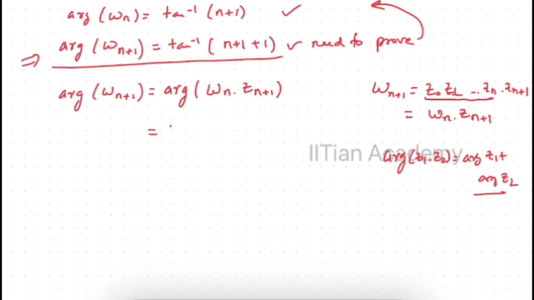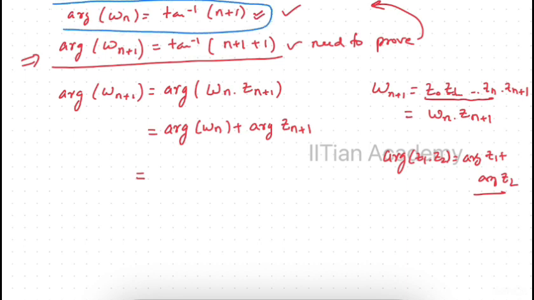Now the argument of wn we already know, we are assuming this to be true. So this will be tan inverse of n plus 1. And the argument of zn plus 1, what is zn plus 1? What is zn? Zn we know is n square plus n plus 1 plus i.